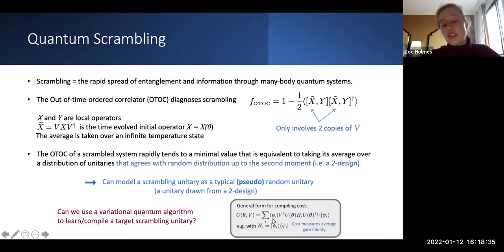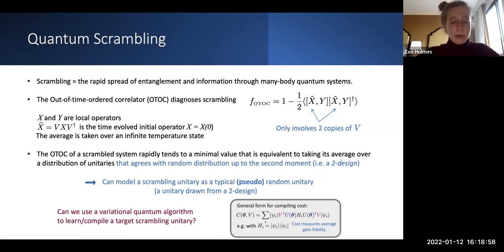This one here was basically the average fidelity between a state acted on by V and your parameterization. V is going to be your target, your typical scrambling unitary. But actually there are more general compiling costs you could use. We do consider some more general compiling costs in the paper, and I've got a bonus slide on that if you're interested in knowing how we generalize this.